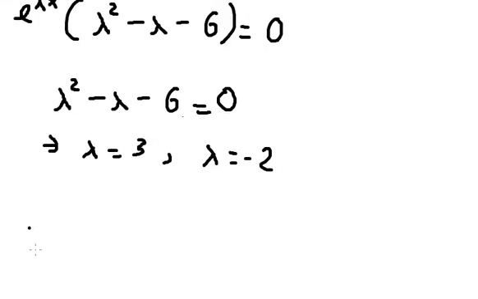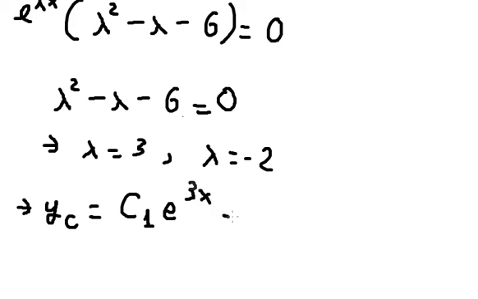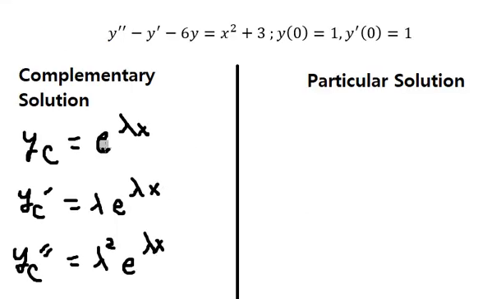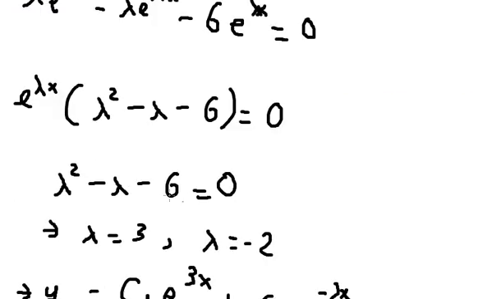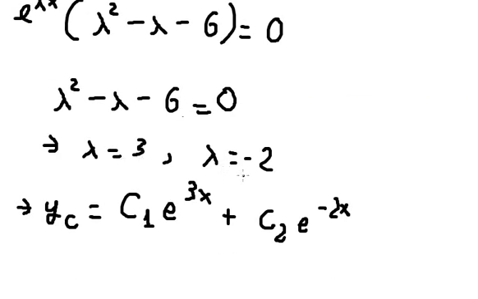So we can find yc equals c1 e to the power of 3s plus c2 e to the power of negative 2s. Because we just change lambda from here into 3 and negative 2.